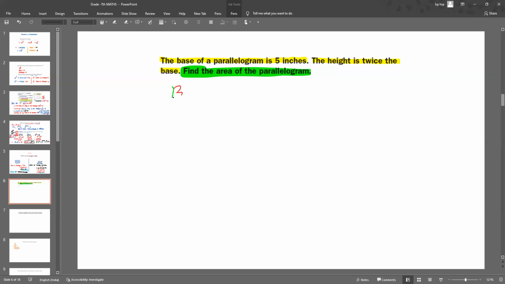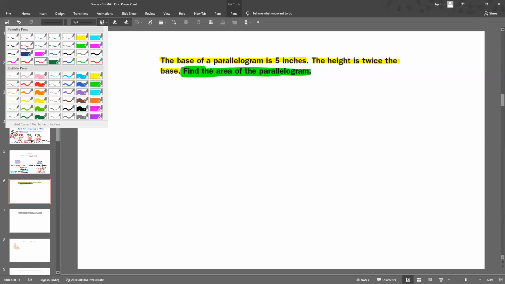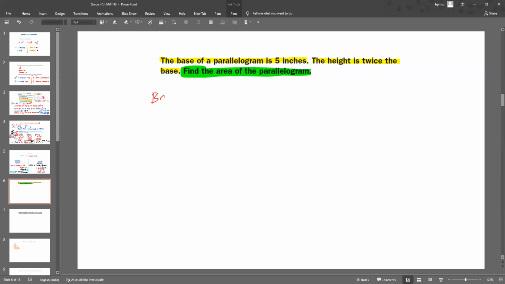Yes. So here you can see that base is 5 given. So I can write here the base of the parallelogram we can consider as b, that is 5 inches, and height is twice of the base. So height we can describe by h, that is twice of base, that is 2 into 5, that is 10 inches.